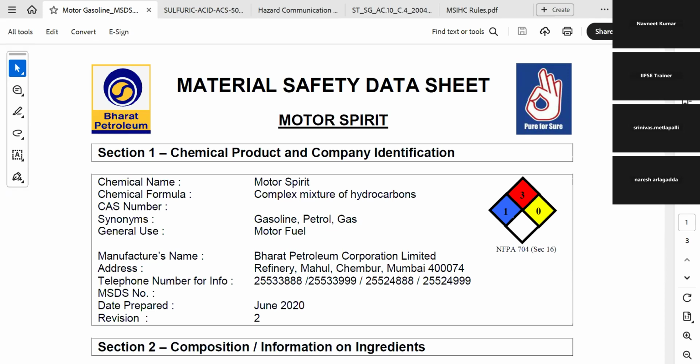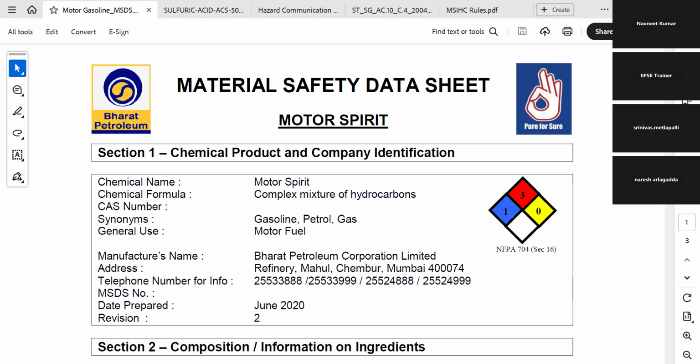For example, red indicates flammability, yellow indicates reactivity hazard, white indicates you are not supposed to use water, or water reactive or other hazards, and blue indicates health hazard.